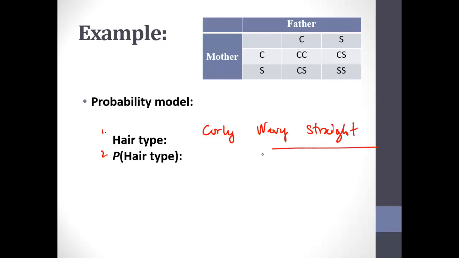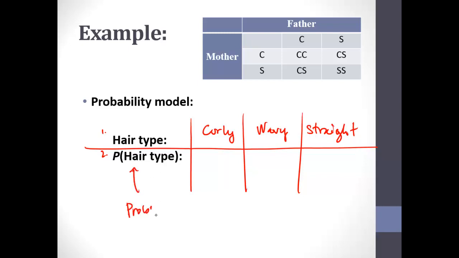And then remember this P with parentheses of hair type, this would be the probability of each hair type.